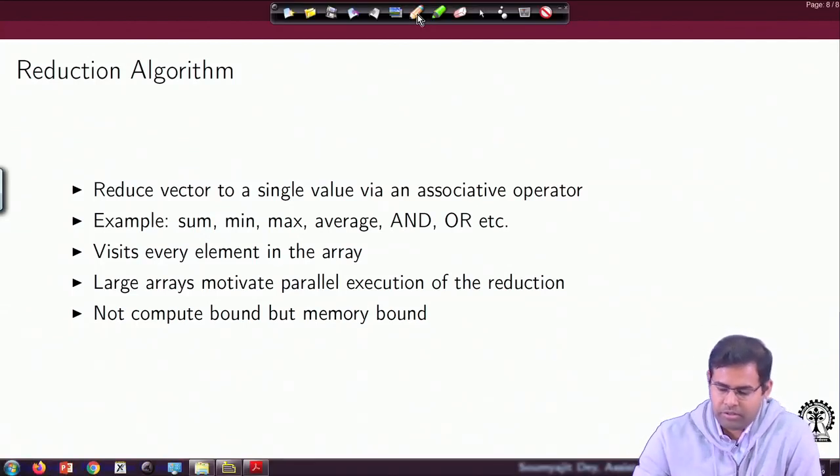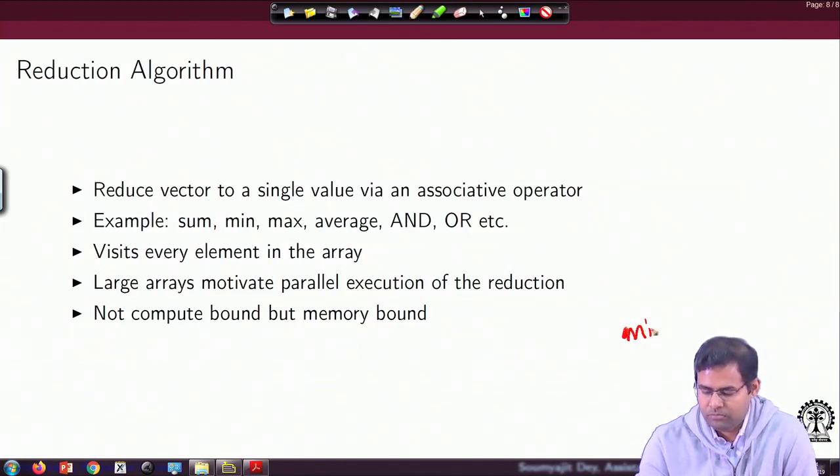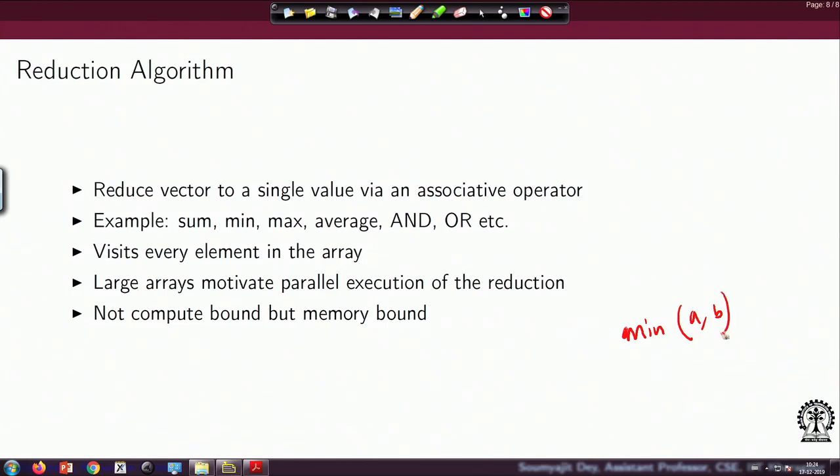So, suppose I am computing the mean. This is a generic name for operations which reduce a vector to a single value, and fundamentally the operation has to be an associative operation, and these are operations which may visit a large number of elements in the array.